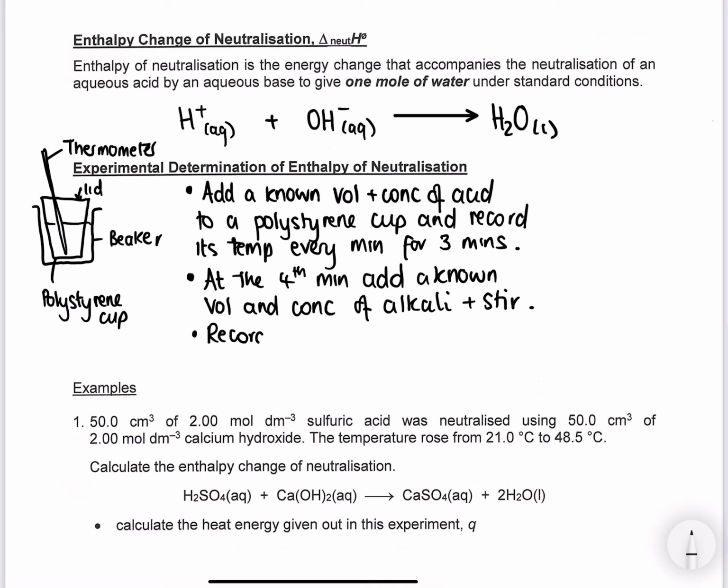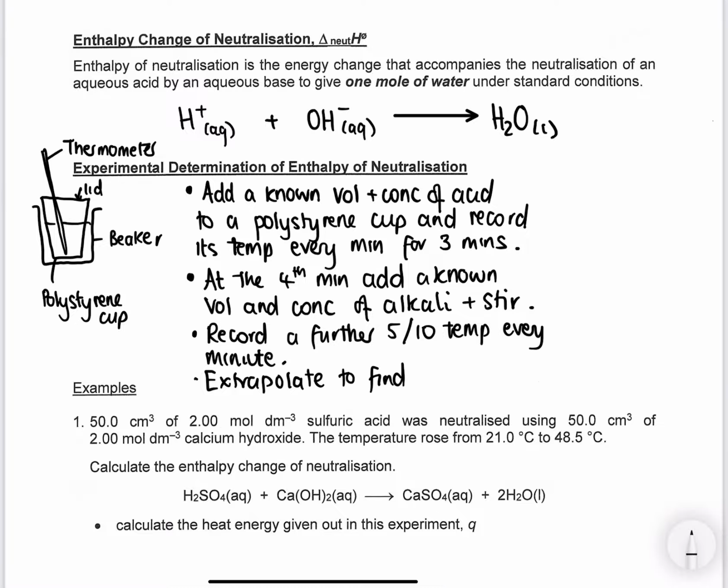Record a further 5 to 10 temperatures, every minute, so that we get enough to get a line of best fit. Extrapolate and find the temperature rise at the 4th minute. And this takes account of heat loss.